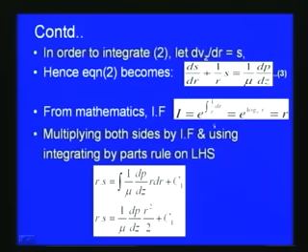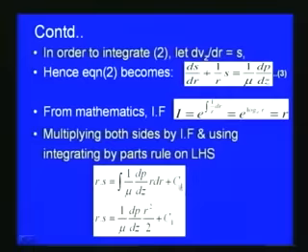Finally, by multiplying by the integrating factor I is equal to r and using integration by parts, we can write equation number 3 as r into s is equal to integral of 1 by mu dp by dz r dr plus C1, where C1 is a constant of integration. This again we can write as r s is equal to 1 by mu dp by dz r square by 2 plus C1.